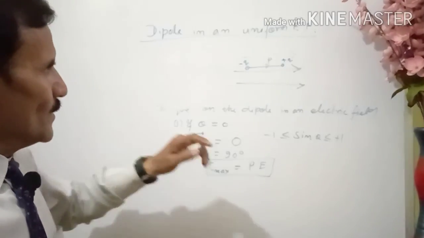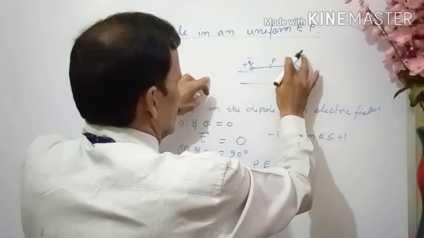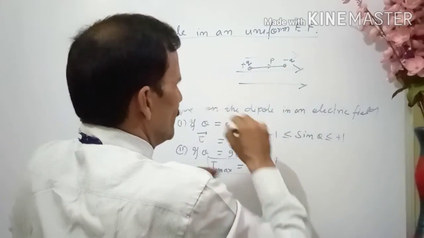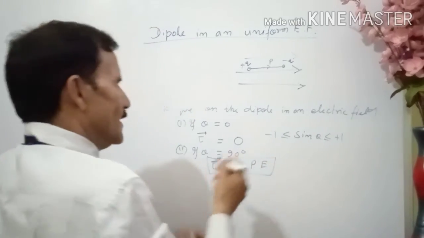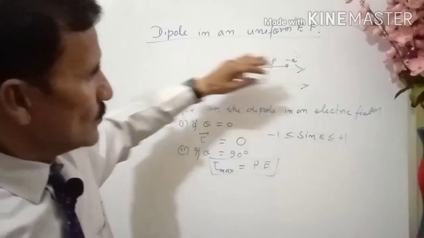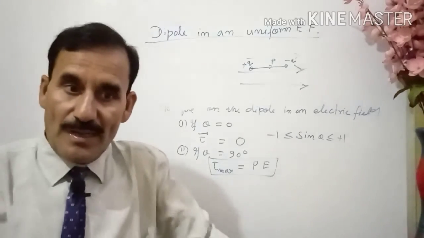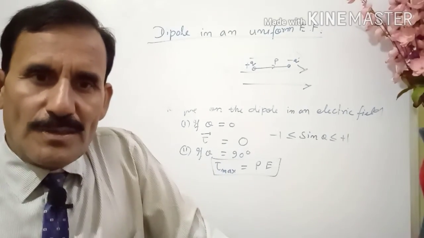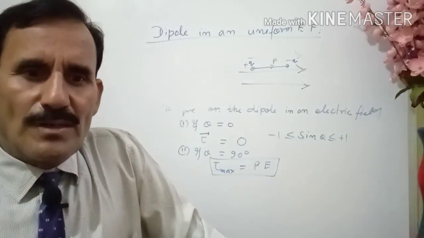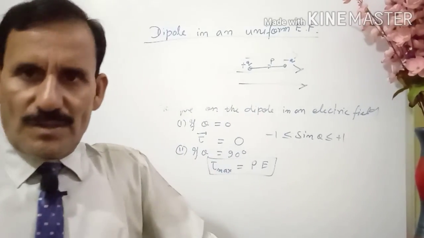When it is put the other way, with plus q here and minus q here, theta is 180 degrees, so you again get 0. So when the dipole is placed in the direction or the opposite direction of the electric field, the torque is 0.